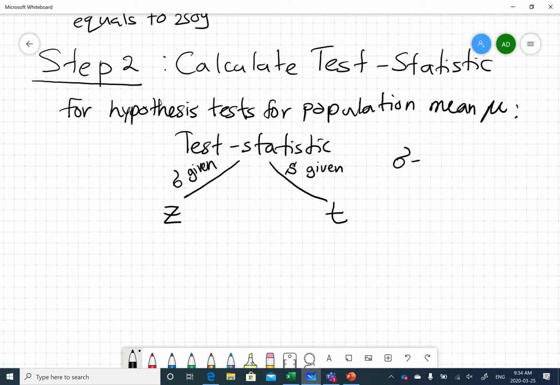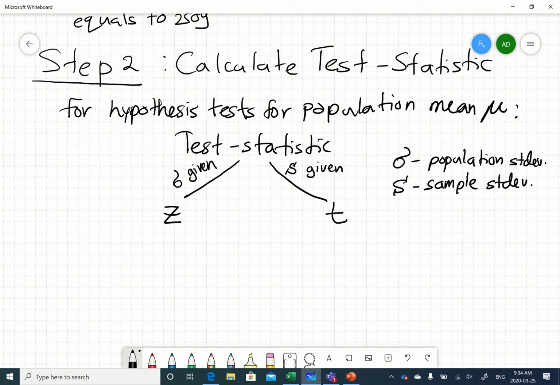So here sigma means population standard deviation and s stands for sample standard deviation.